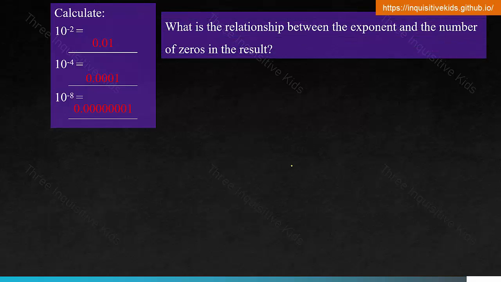What is the relationship between the exponent and the number of zeros in the result? Over here we have a negative 2, and we have 2 zeros in the result. For 10 to the negative 4th power, we have 1, 2, 3, 4 zeros. For the negative 8th power, 1, 2, 3, 4, 5, 6, 7, 8 zeros.